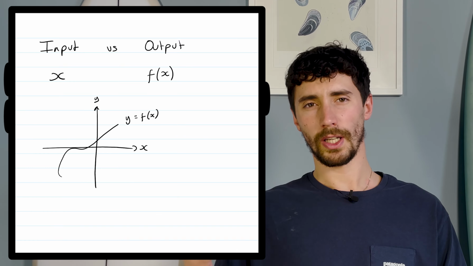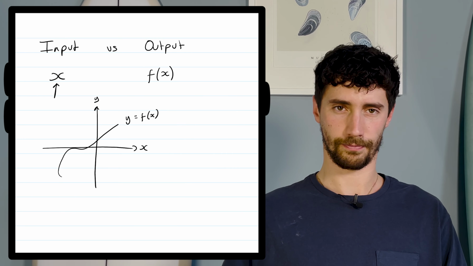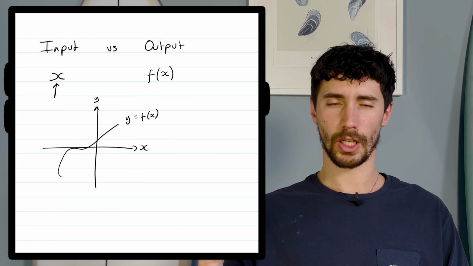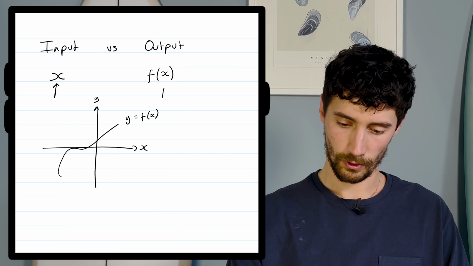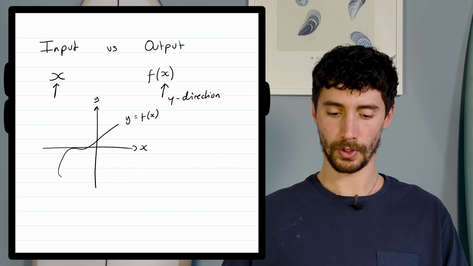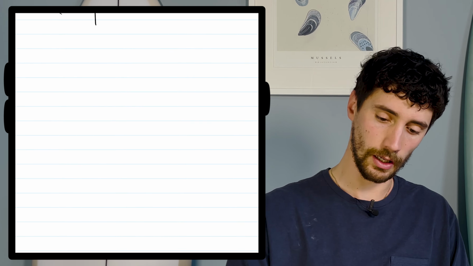If you change your input, you are affecting the x direction, so horizontal. If you are changing the output, you are affecting the y direction, right? The vertical.